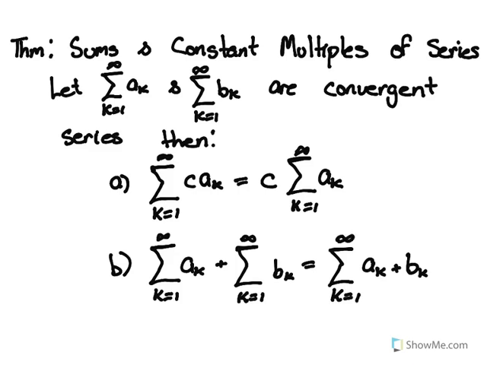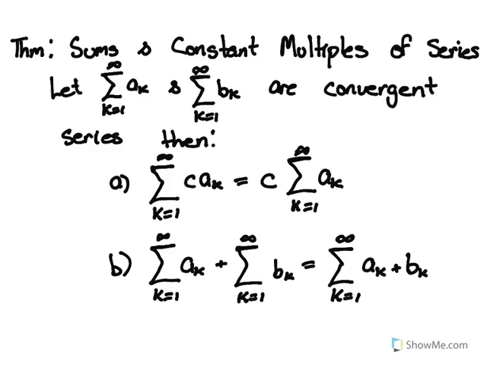Now these two statements may seem obvious because they are true if we are adding up a finite number of numbers, but in this case, since we've defined what it means for the sum of an infinite amount of numbers to add up to something, we need to check that these properties are consistent with that definition.